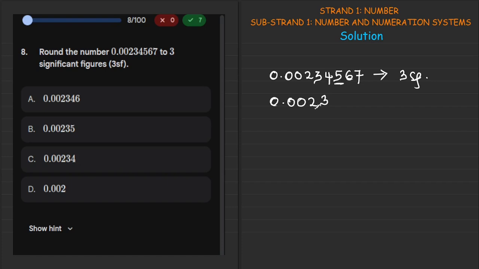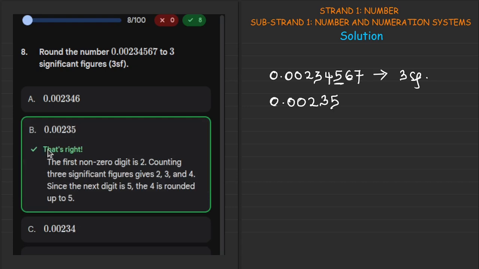So if it is 5 or more, we do what? We add 1 to where we want to end. So in this case, since it is 5 or more, we are going to add 1 to this so that it becomes 5, and this will be towards 3 significant figures. All these zeros we have here are leading zeros, and leading zeros are not significant. Take note of that.